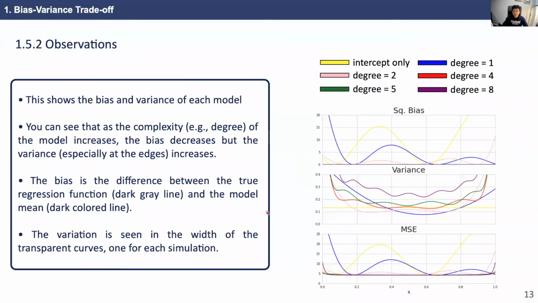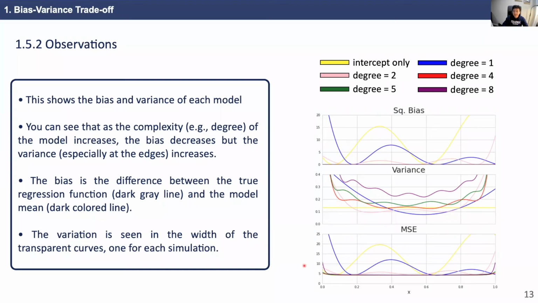The right figure shows the bias and variance of each model. You can see that as the complexity, the degree of the model, increases, the bias decreases. But the variance increases, especially at the edges here.